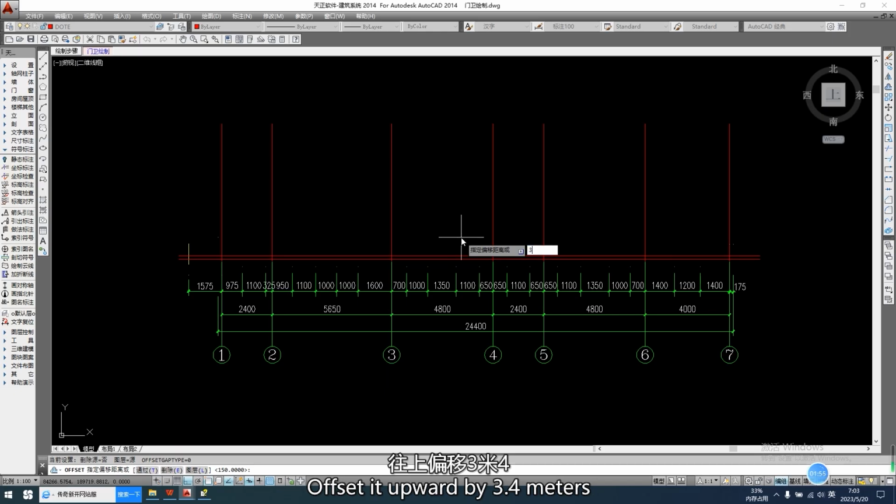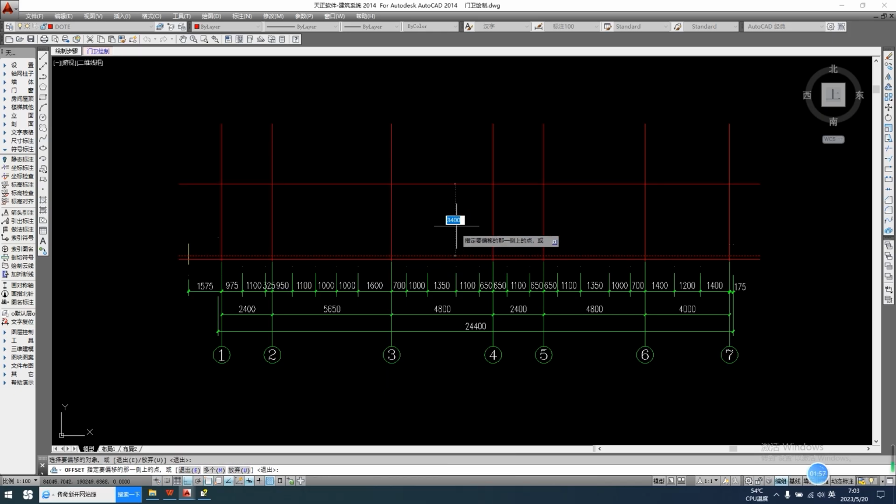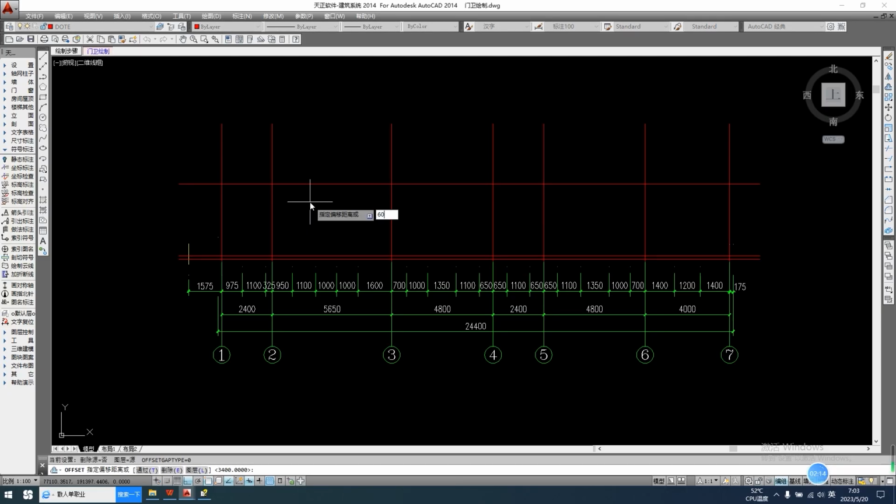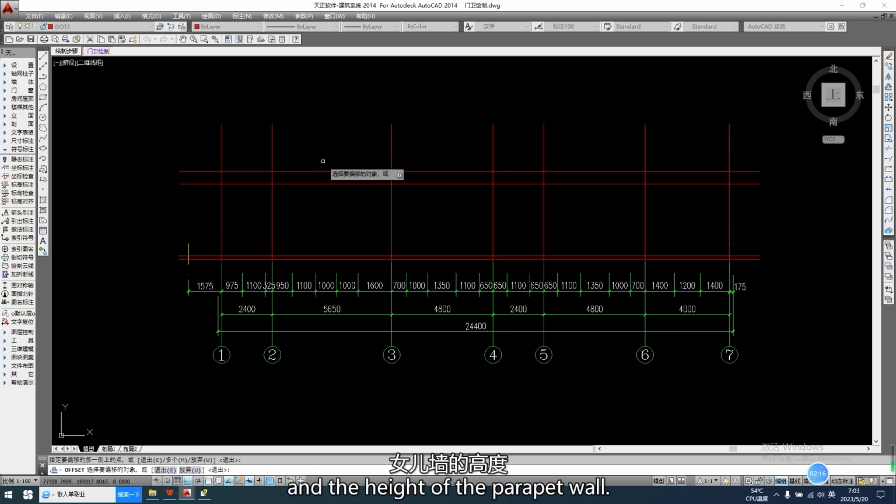Offset it upward by 3.4 meters to draw the floor height line, that is, the roof plane, the positioning line on the roof side, and the height of the parapet wall.